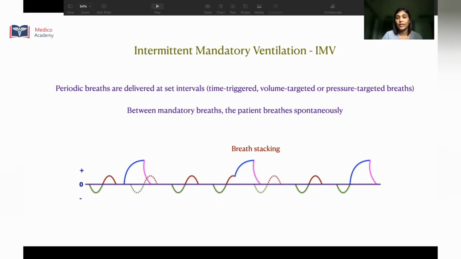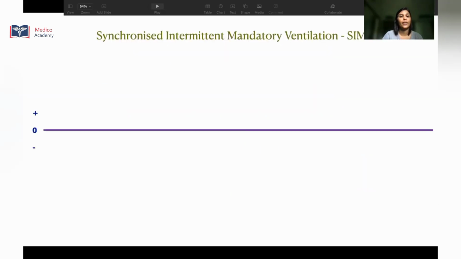Also, you can see that in the last controlled breath, the patient was inspiring and his next phase was to expire, but instead inspiration has happened. So basically there is asynchrony also happening. So the problems with intermittent mandatory ventilation were breath stacking and asynchrony. To get rid of this problem, scientists came up with a newer, modified mode called synchronized intermittent mandatory ventilation, or SIMV. So let's see how SIMV is better than IMV.